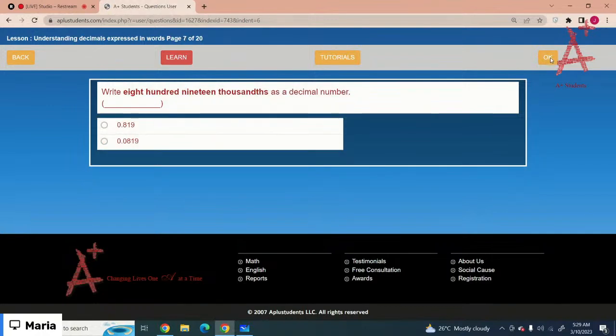Write 819,000 as a decimal number. So which is the correct option? Option 1 or option 2?